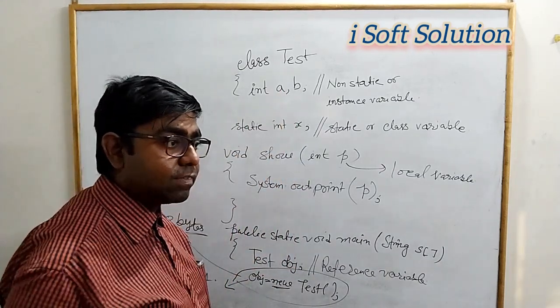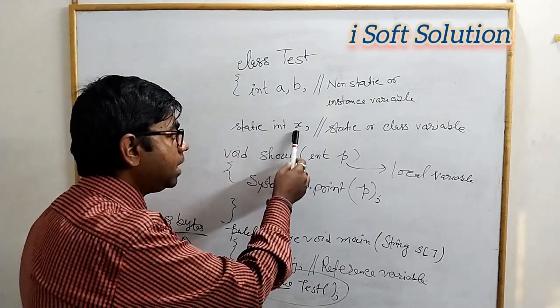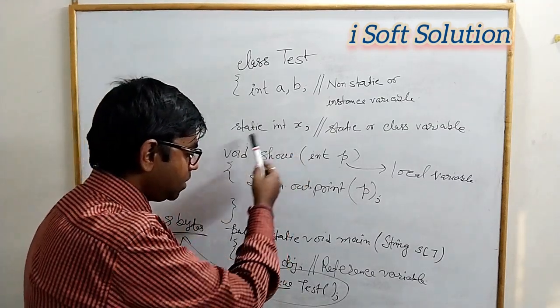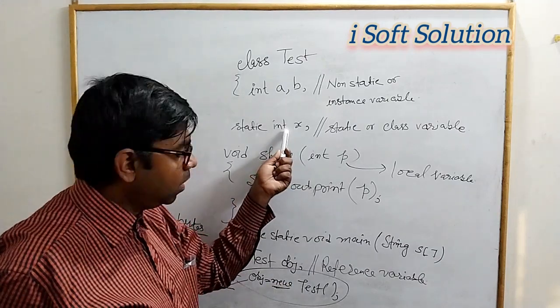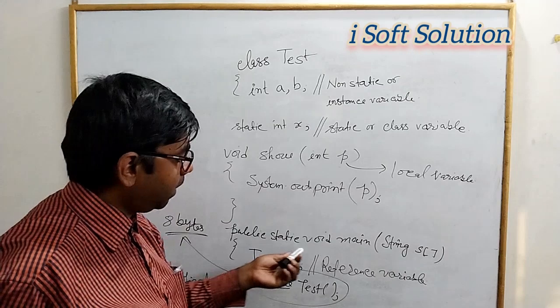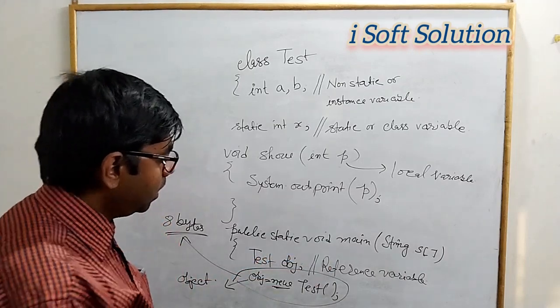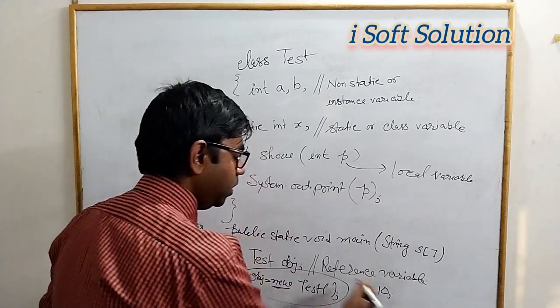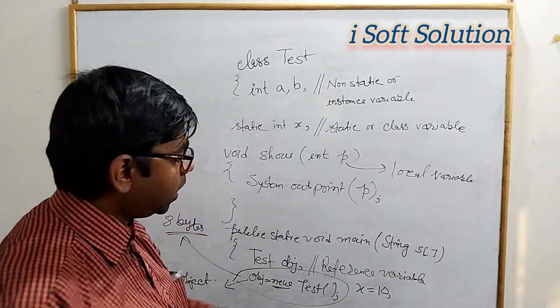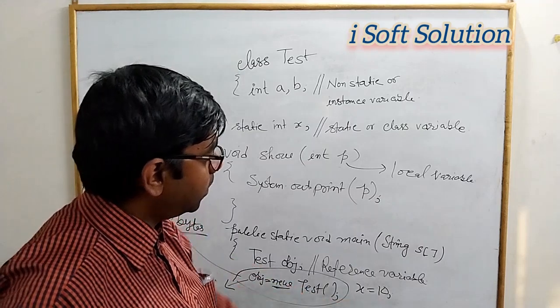And better we can say that a static variable is directly accessed within the static method. That means if I try to access this static variable from the static method, that is main, we can write x equals to any integer type value. No need to create an object for accessing this static variable.